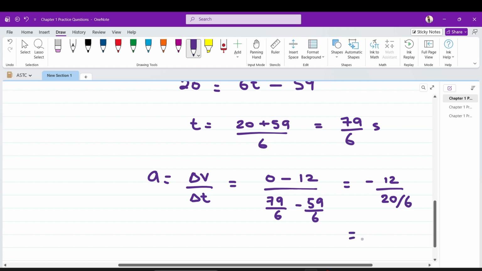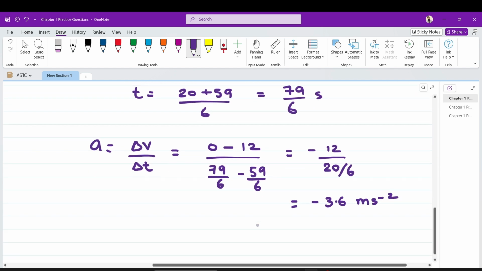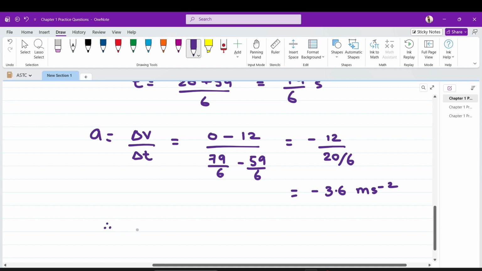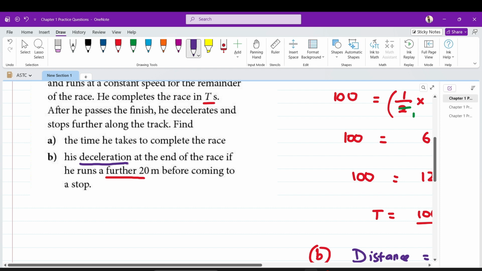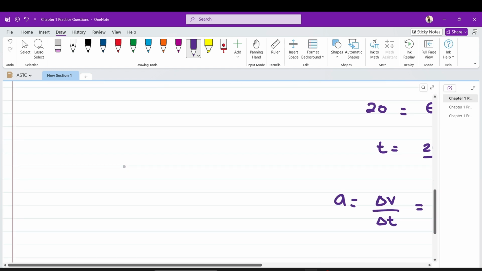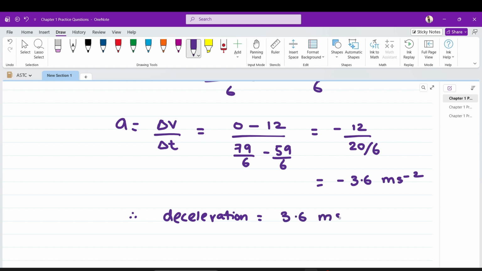If I work this out, I'm going to get minus 3.6 meters per second squared. Since the question was about deceleration, I'm only going to write the magnitude, because deceleration itself means negative acceleration. So deceleration is 3.6 meters per second squared.